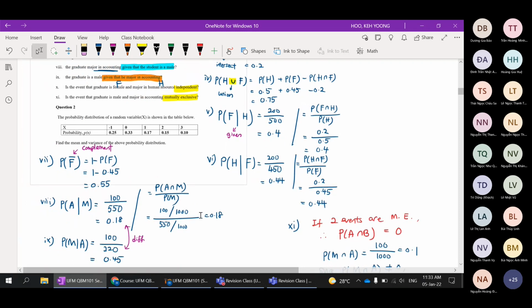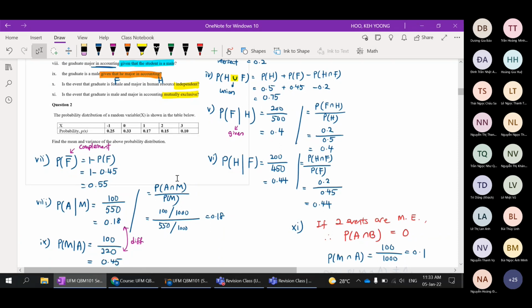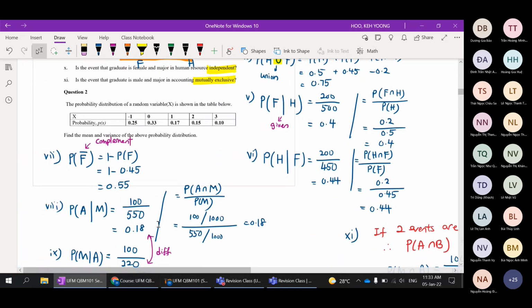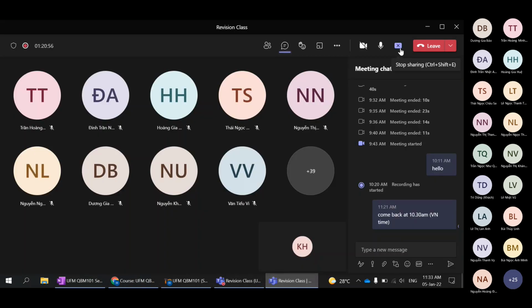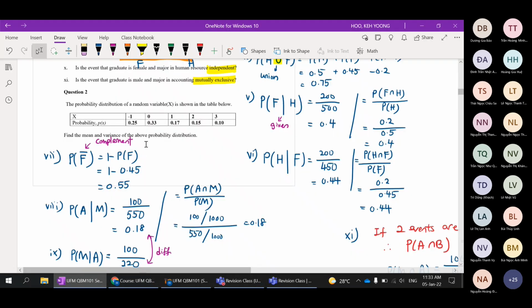Question 2: you're given a discrete probability distribution table. You are asked to find the mean and variance for the above probability distribution. First understand this table. The first row, x, gives the possible values of x: -1, 0, 1, 2, and 3.